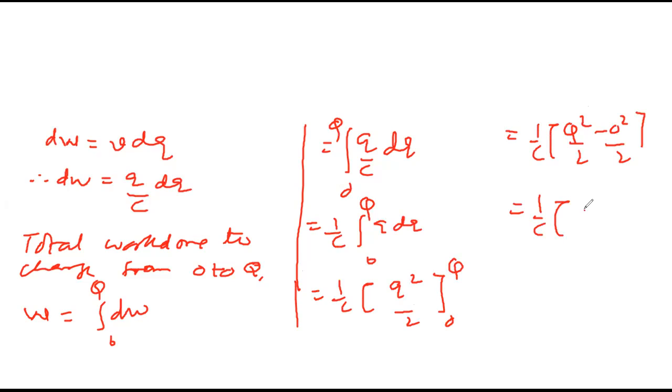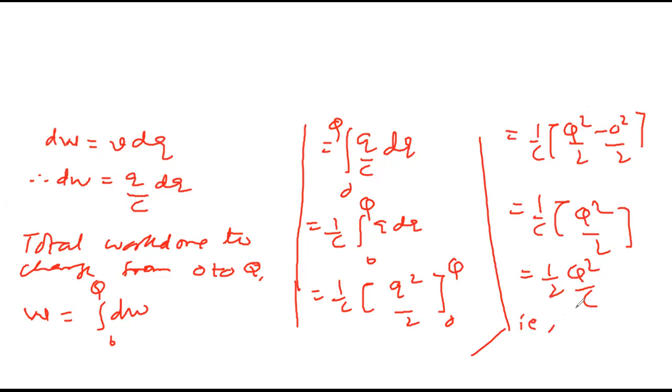So 1 by C Q square by 2, that is nothing but half Q square upon C. This work done is the energy stored. So the energy stored, denoted by U, is half Q square upon C. Complete till this now.